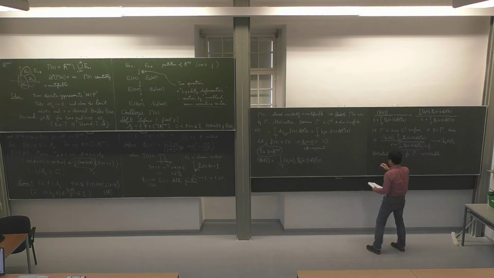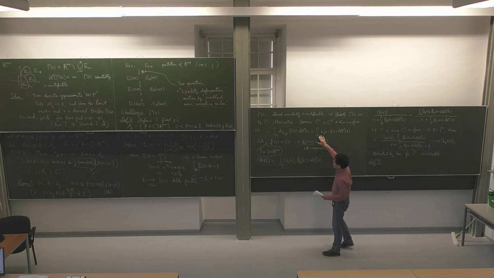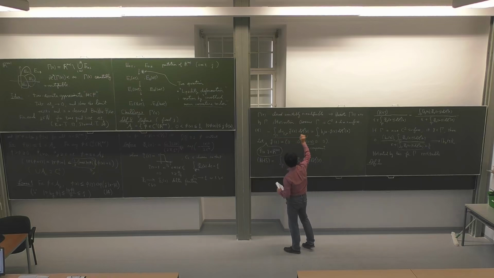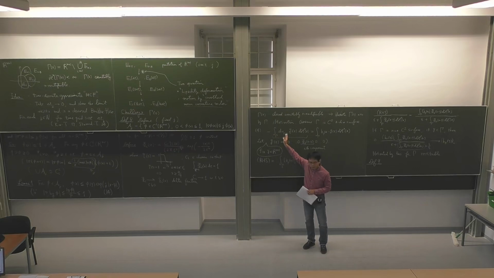We define this vector field, stick it into this guy. Now notice that this side is well defined for a rectifiable set, because the tangent space exists almost everywhere for a rectifiable set. So you can define this quantity and integrate over gamma.